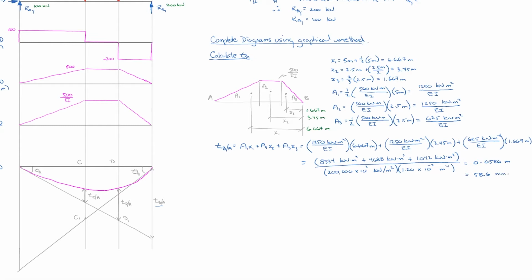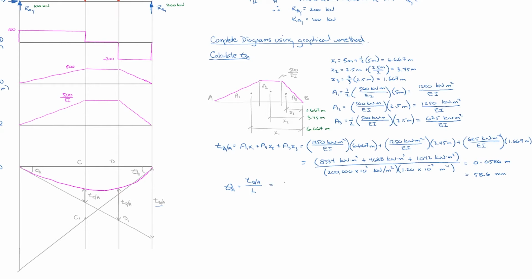So from there, using small angles and small deflections and those simplifications, we can figure out what that angle theta A is. And we know that theta A is equal to that tangent distance at B with respect to A, divided by the length between A and B, which is the length in this case.